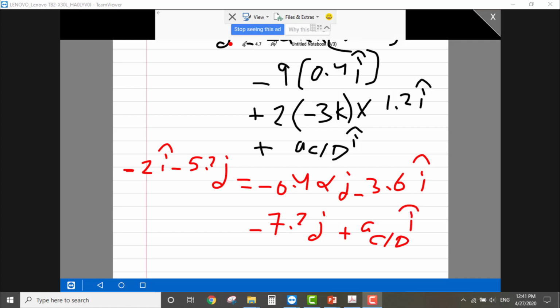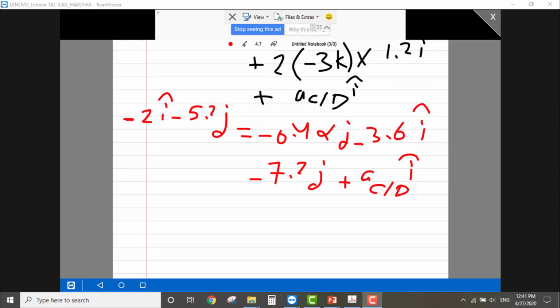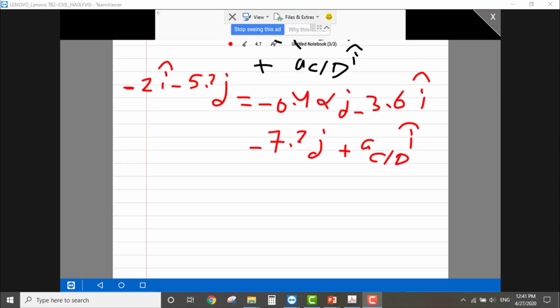So here in this equation, you can tell easily that we have only two unknowns. We'll start with the J equation because we care only about alpha. No need to find AC with respect to D, but if you find it, it will be good.